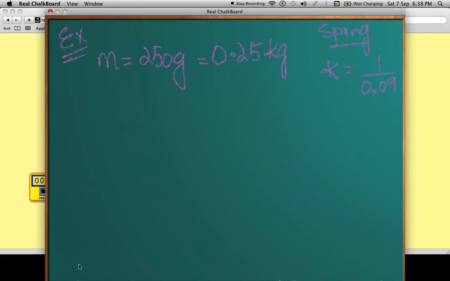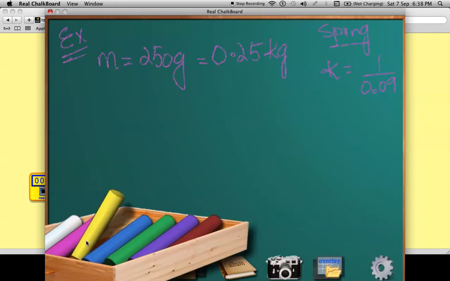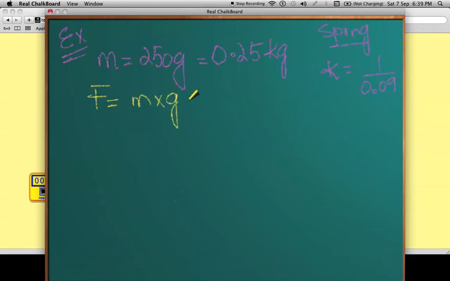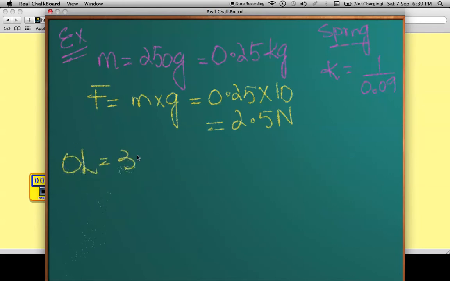Now what is the force associated with this mass? The force is given by mass times acceleration of gravity, which is g. So 0.25 times 10. The force is 2.5 newtons. Now the original length is 31 centimeters.